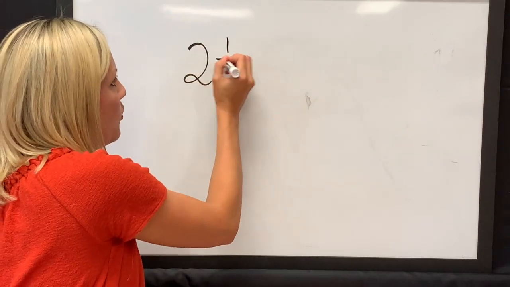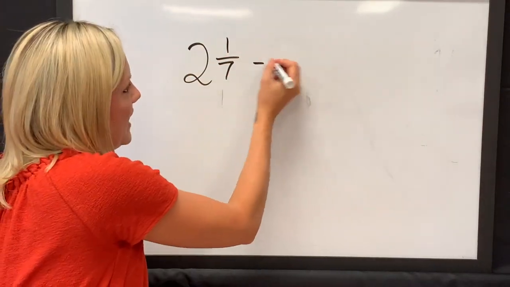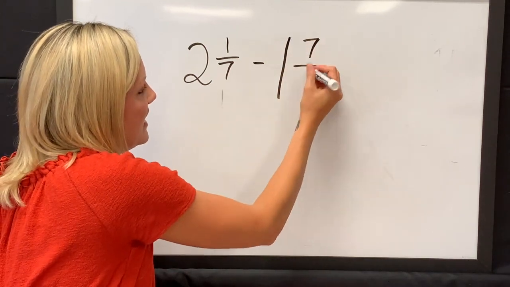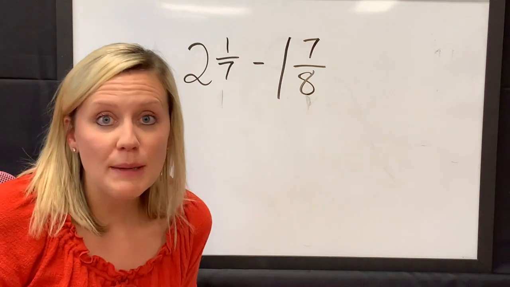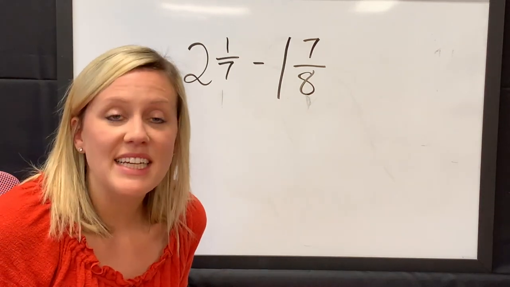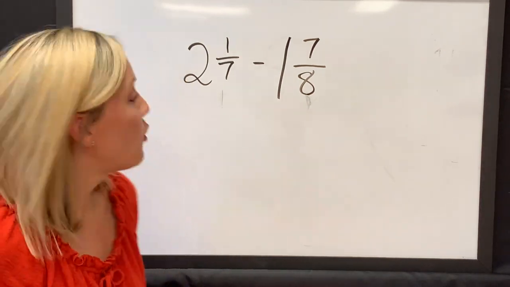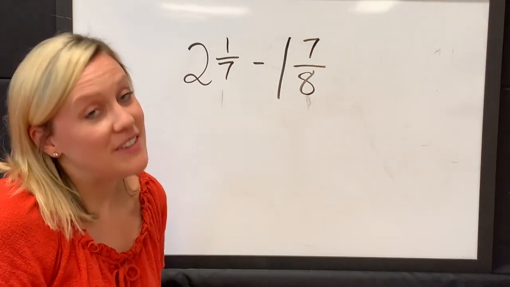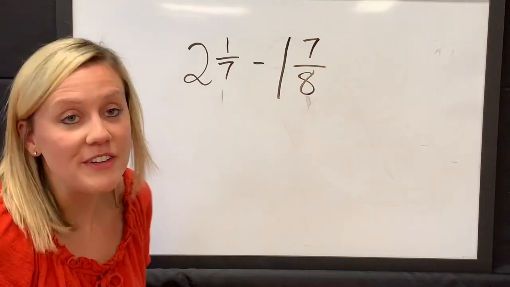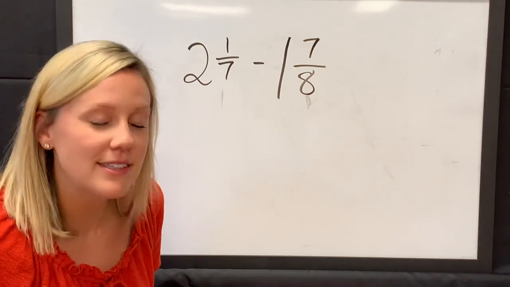2 and 1/7 minus 1 and 7/8. Okay, so the first thing I'm going to do is, just like what I've been doing, find a common denominator. What is the smallest number that 7 and 8 both go into? 56. 56 is 7 times 8.